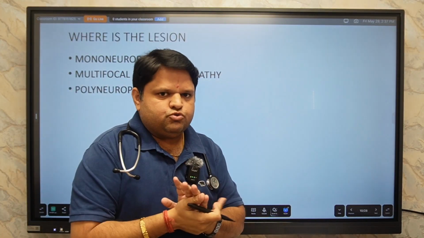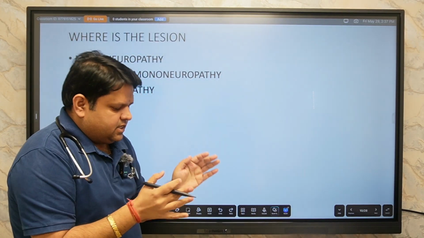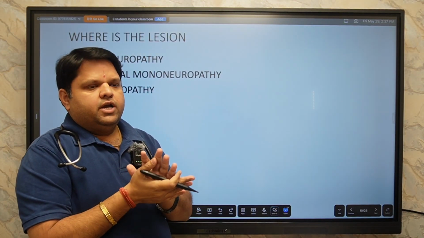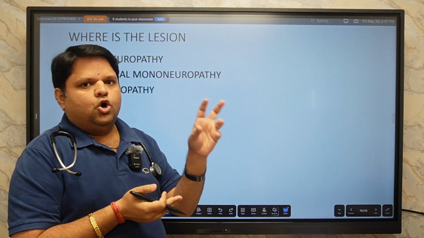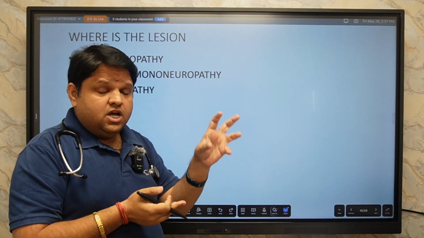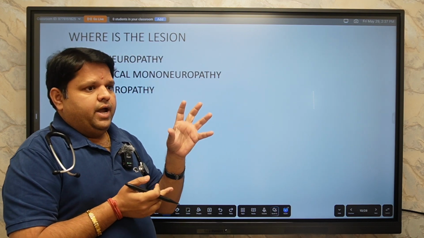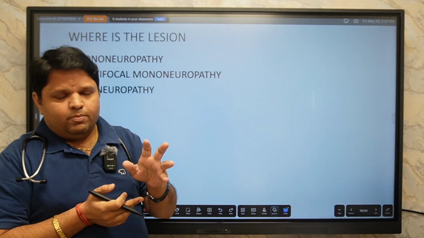Now we come to the definitive approach to neuropathy. We discussed briefly the anatomy of the nerve, the cut section of the nerve. We discussed the proper axon or nerve fiber. We discussed the fascicles, the blood supply of the nerve, and then the types of nerve fiber: myelinated nerve fiber, non-myelinated nerve fiber.